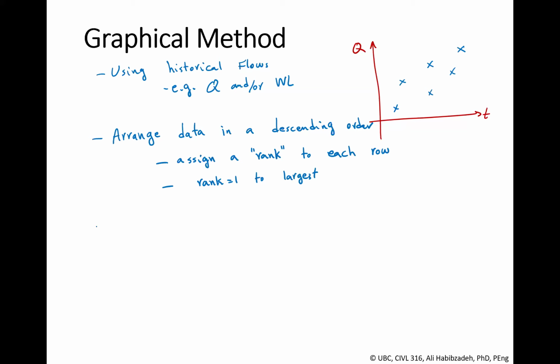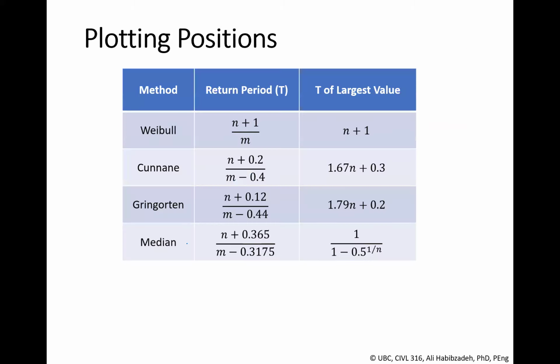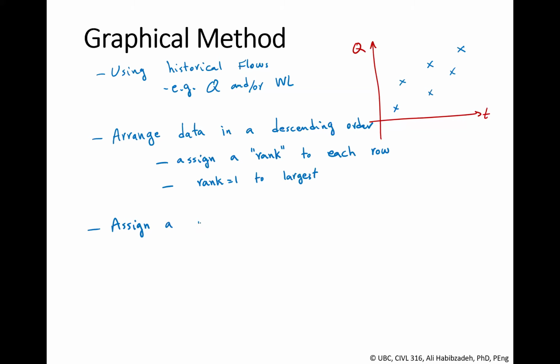And then we assign, I'm going to give you an example in a second and we'll see what this means, what we call a plotting position. This is trying to convert the rank into a probability for each row.